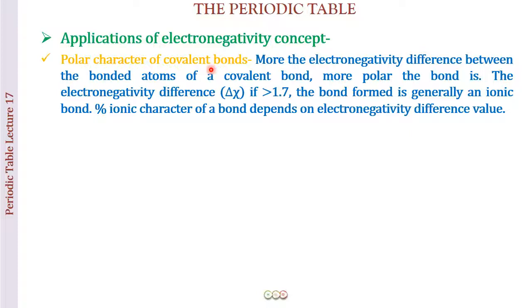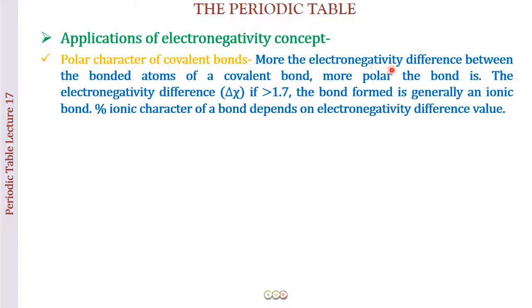They had an electronegativity difference between them. Fluorine was more electronegative, hydrogen was less electronegative. Fluorine had a partial negative charge, hydrogen had a partial positive charge, and hence it was a polar molecule, right? So now you can understand that the electronegativity difference is what is causing a polarity in the covalent bond.